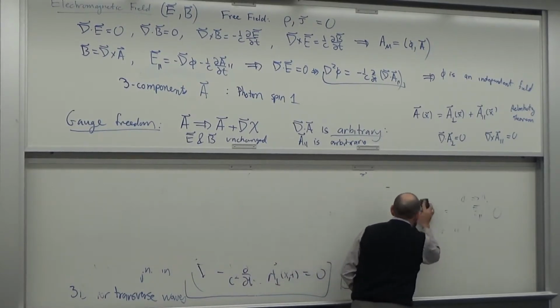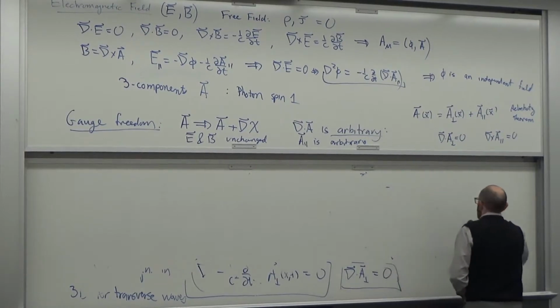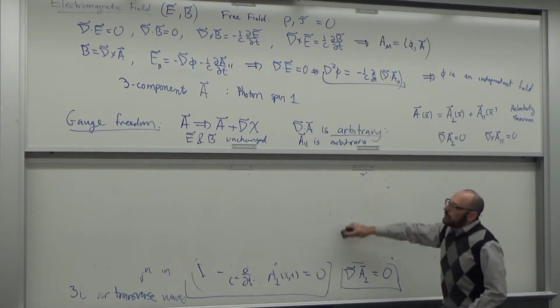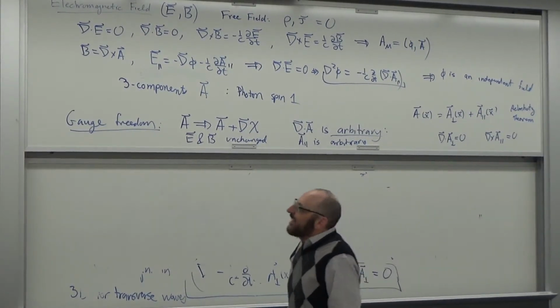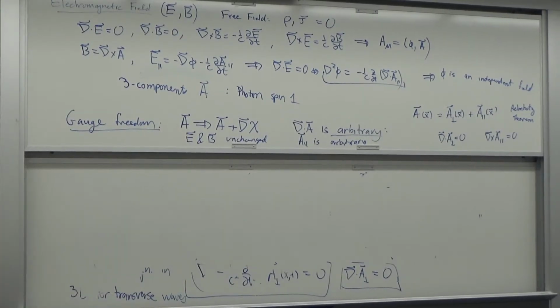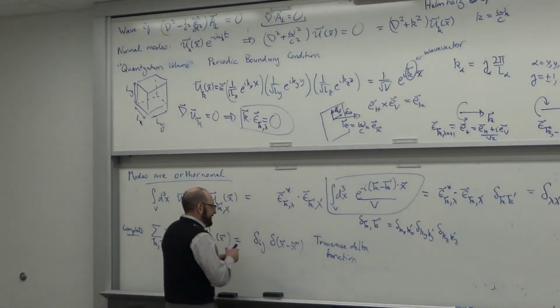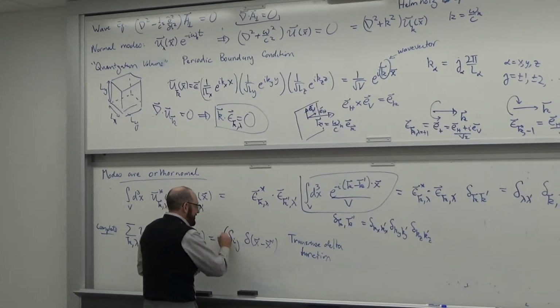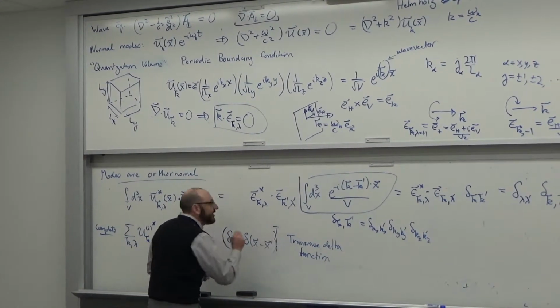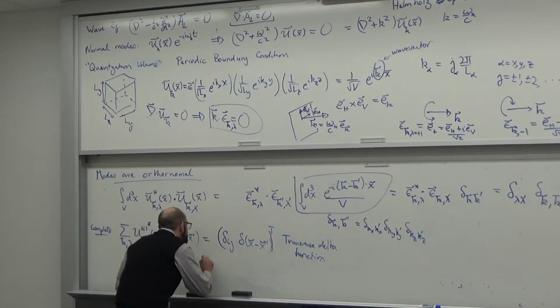Ivan, I'm listening. Why is the Kronecker the one that's transverse? Yeah, actually, you're right. That's a stupid way of writing it. This whole thing should have a transverse on it. It's really the following.